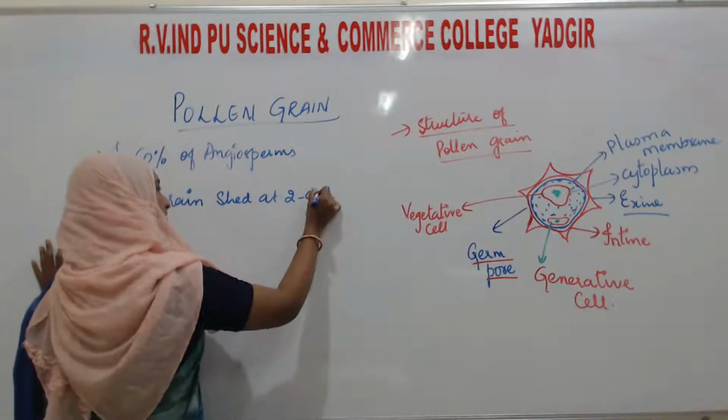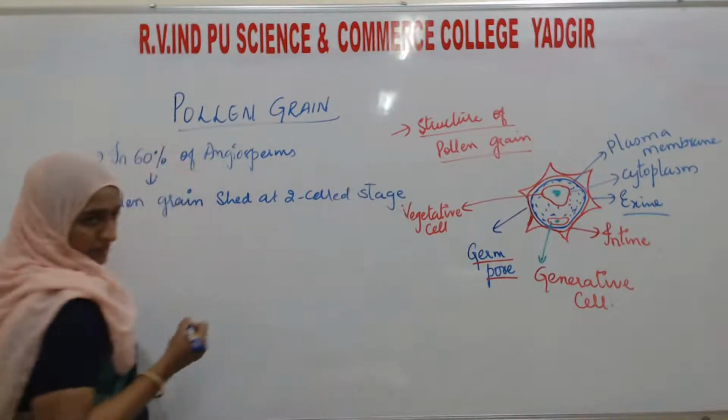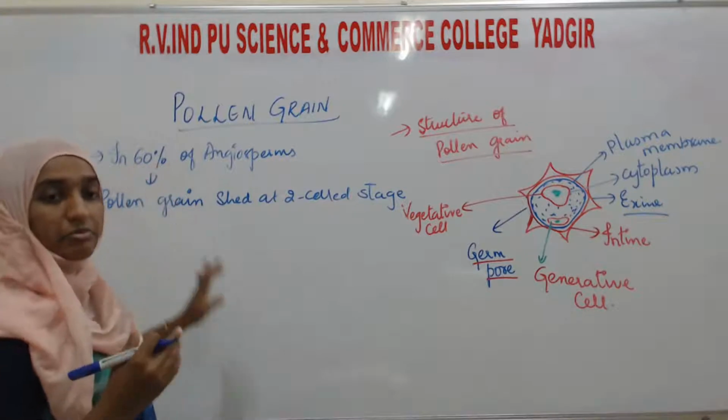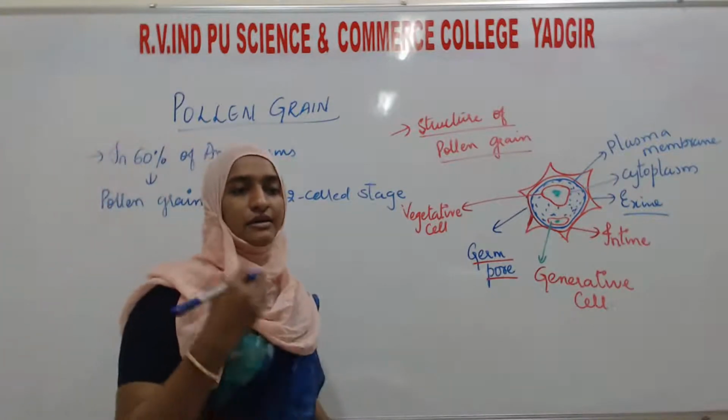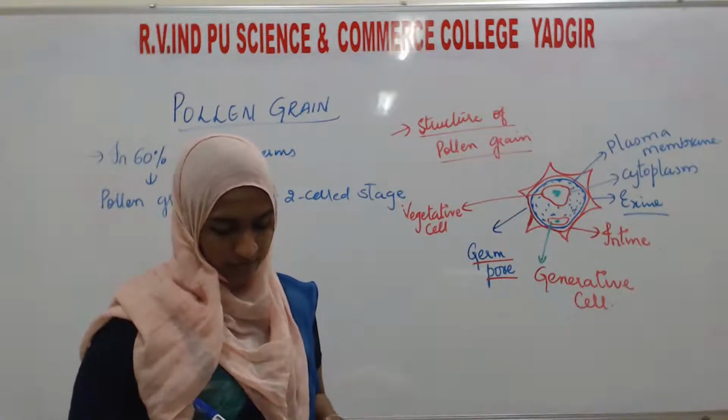That means at this two-celled stage. Okay, in 60%, that means in the majority of flowering plants, the pollen grain will shed at the two-celled stage. Okay, why am I telling it, sir?